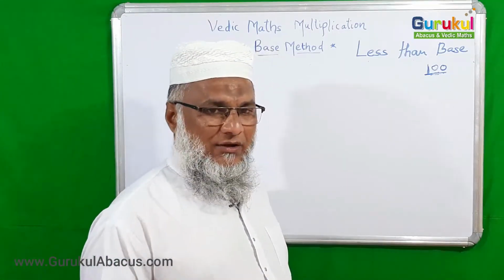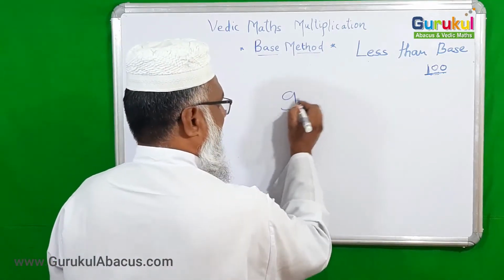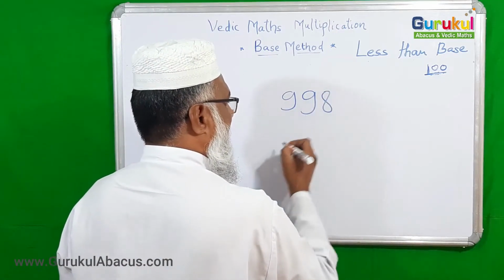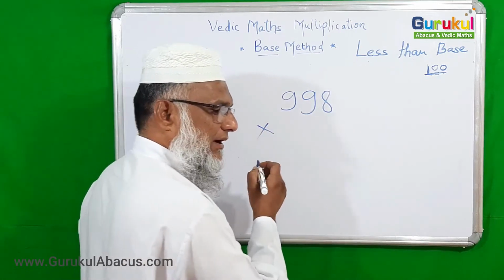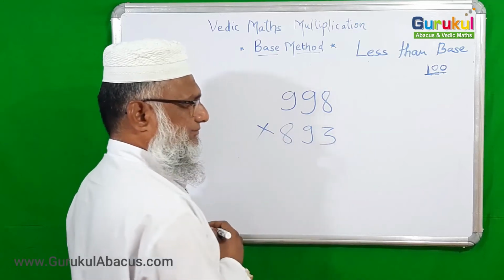Suppose now we are getting an example to solve. It is 999 multiplied by 893.